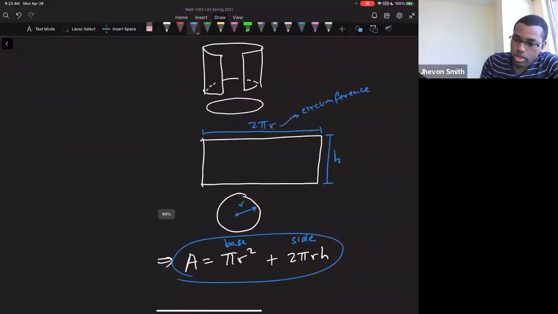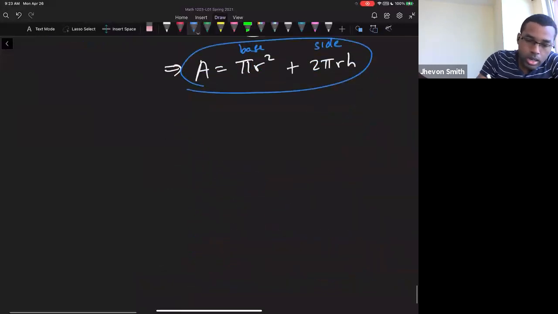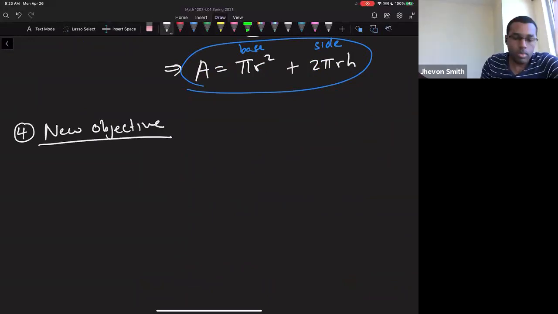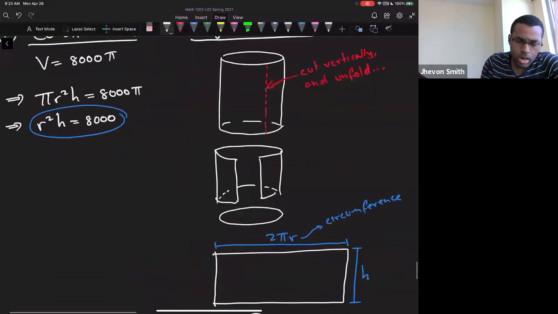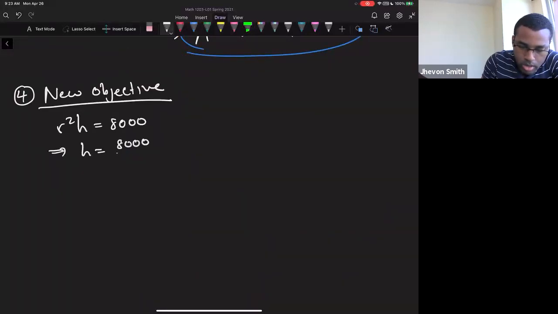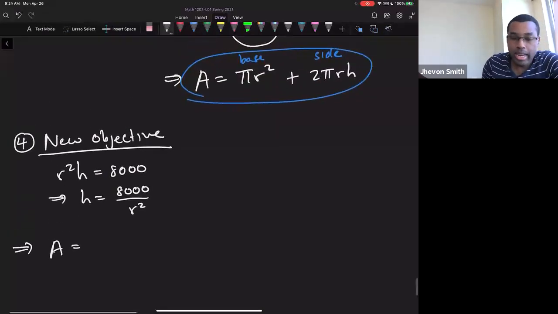So now we're going to find the new objective. So we know that r squared h equals 8,000. This means that I can solve for h. This is 8,000 over r squared. This means that our area is going to be, I'm going to plug in that h.